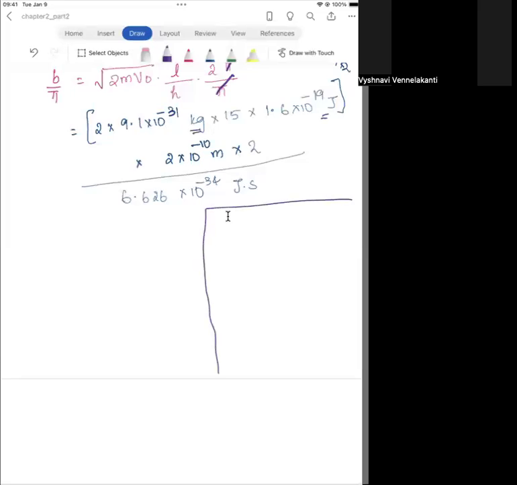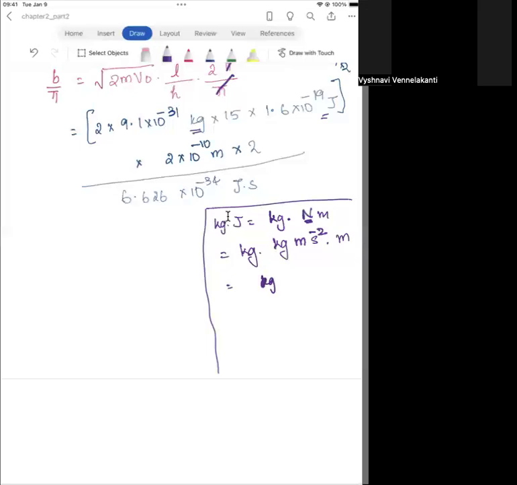So kilograms times joules. A joule is nothing but 1 Newton meter, and we can write a Newton as 1 kg meter per second squared, times the meter there.